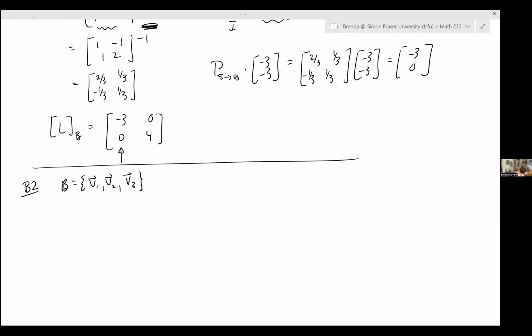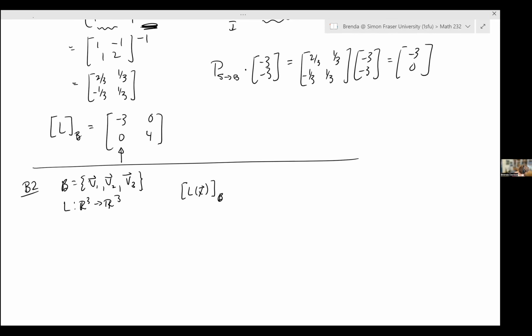Okay, and we've got a linear map from R3 to R3. And we want to determine the linear transformation of some vector x relative to B, where, let's see what we're given.